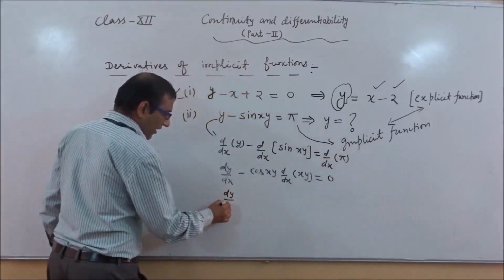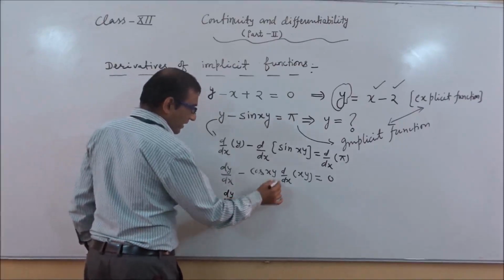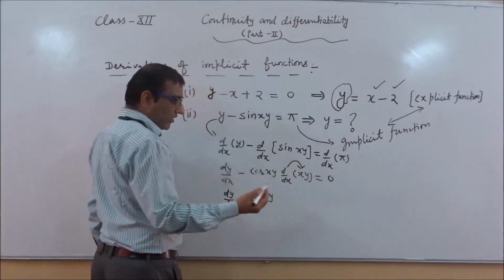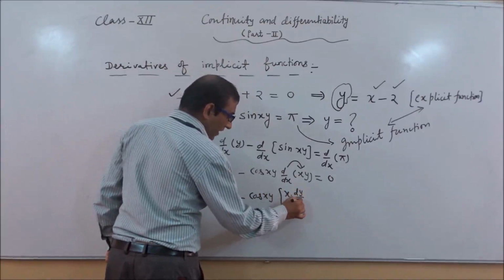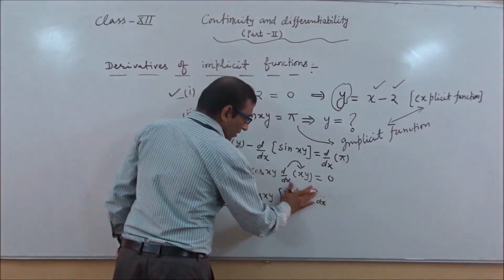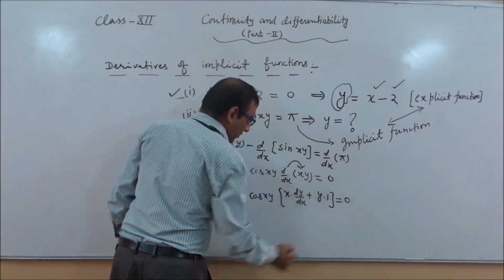After this, dy by dx, minus cos xy as it is, and d by dx of xy we will do with the help of the product rule, that is u into v. So here we write x into dy by dx plus y into 1. It becomes 0.